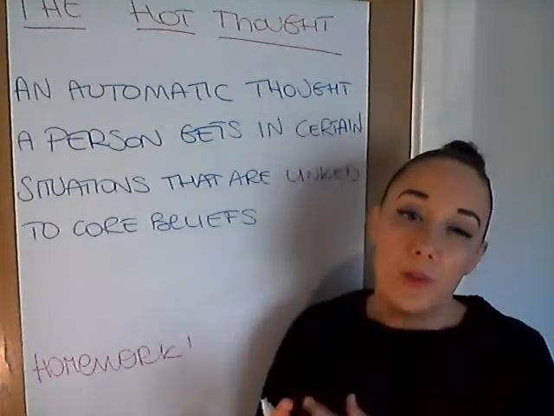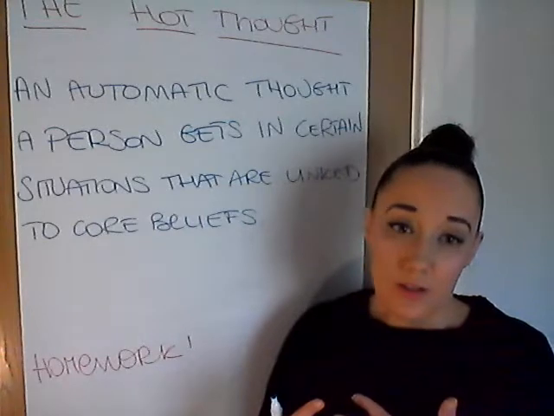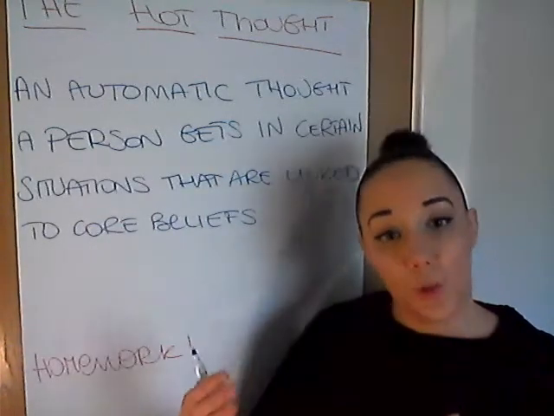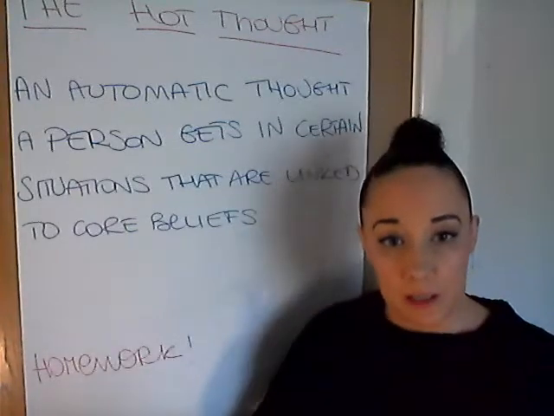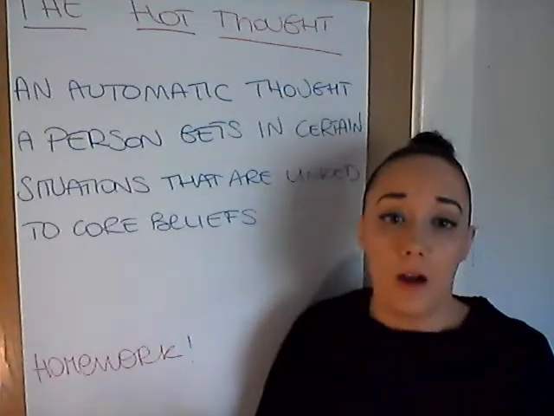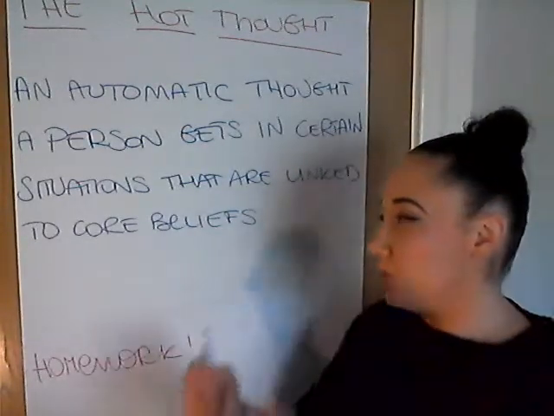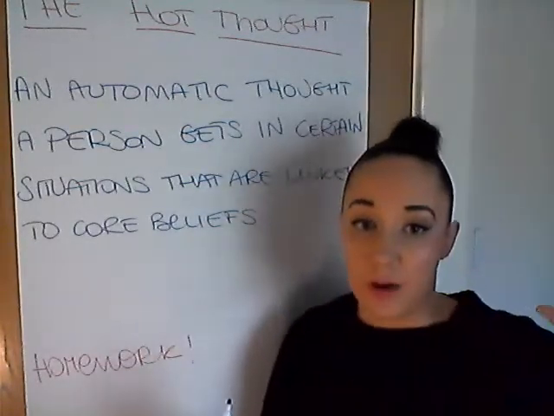If one of my core beliefs is I'm worthless, yeah, and I'm not worthy of any friendship, that's why my thought when my friend is late will be, she doesn't like me.